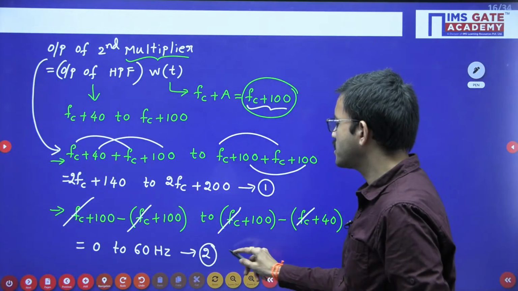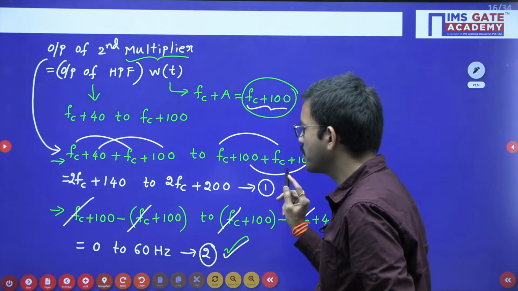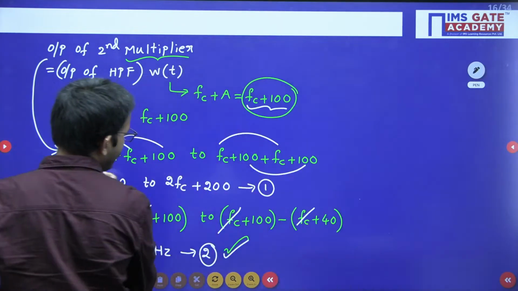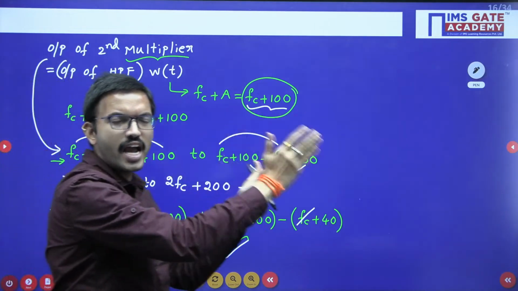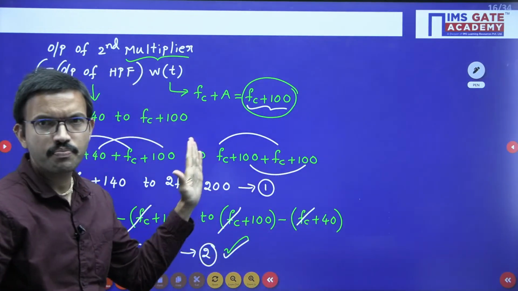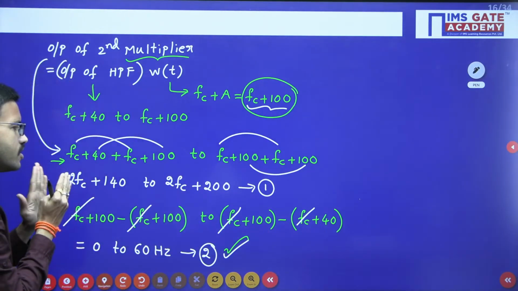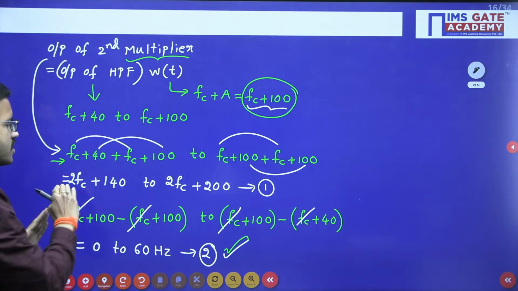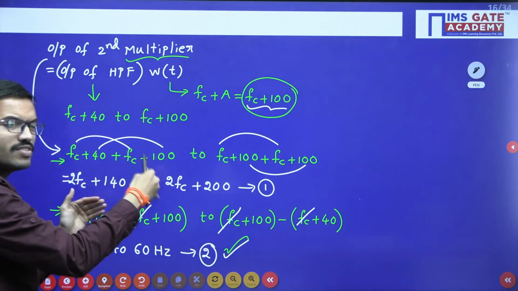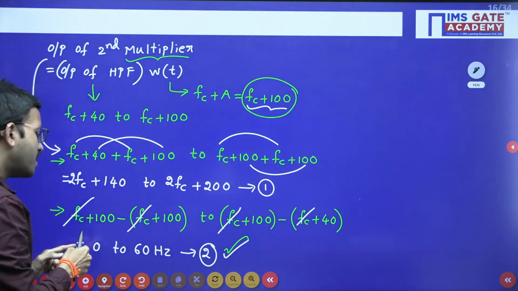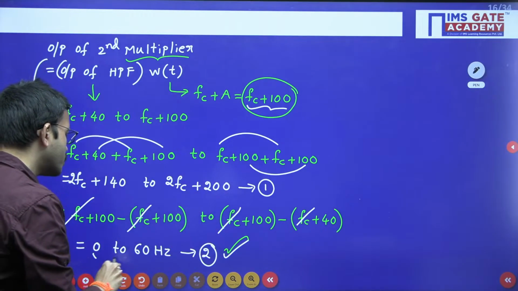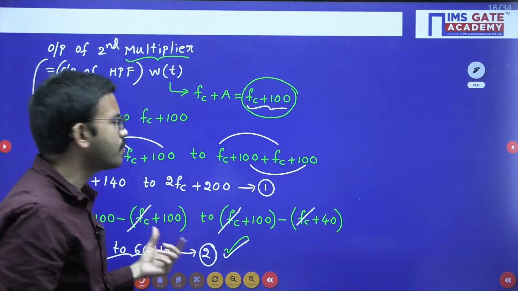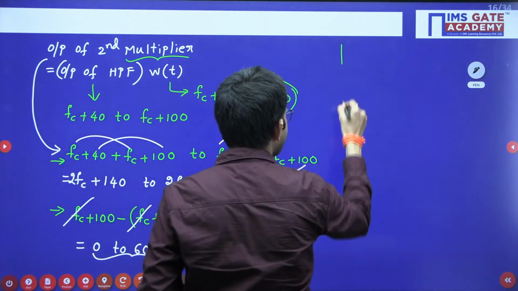Obviously only this one, because here you have high frequencies starting from 2Fc, which is very high compared to the cutoff frequency Fc of the low pass filter. But the range 0 to 60 lies within 0 to Fc, so yes, it will pass.